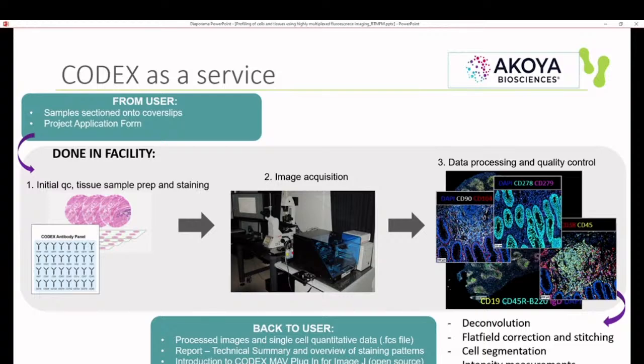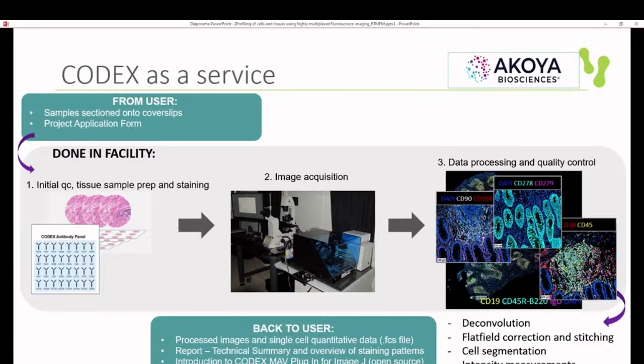When the sample is put onto the microscope, the labeled complementary reporters are added 3 at a time from a microtiter plate into the microfluidics chamber. They bind, and then the imaging is done automatically. We usually run this overnight in our facility.